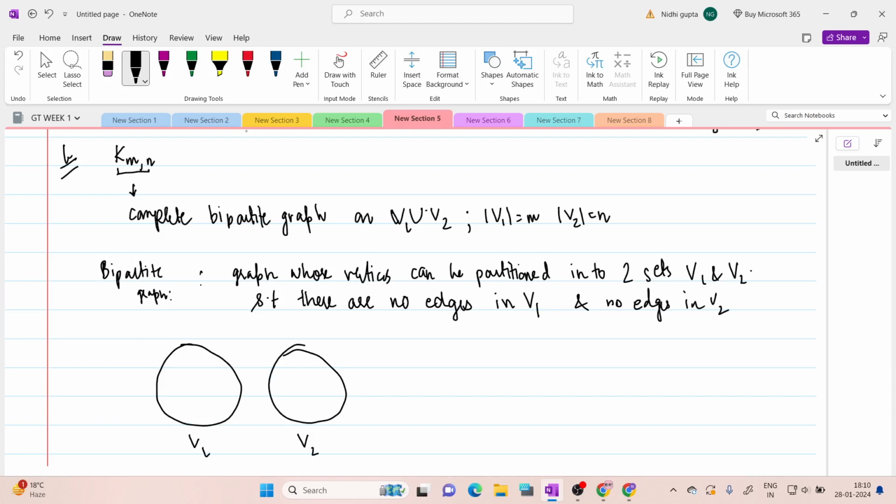So basically what we are saying is that our graph's vertex set can be partitioned into two cells, such that we have some vertices here and some vertices there, and there should be no edges between the vertices of V1. All the edges should be going across.